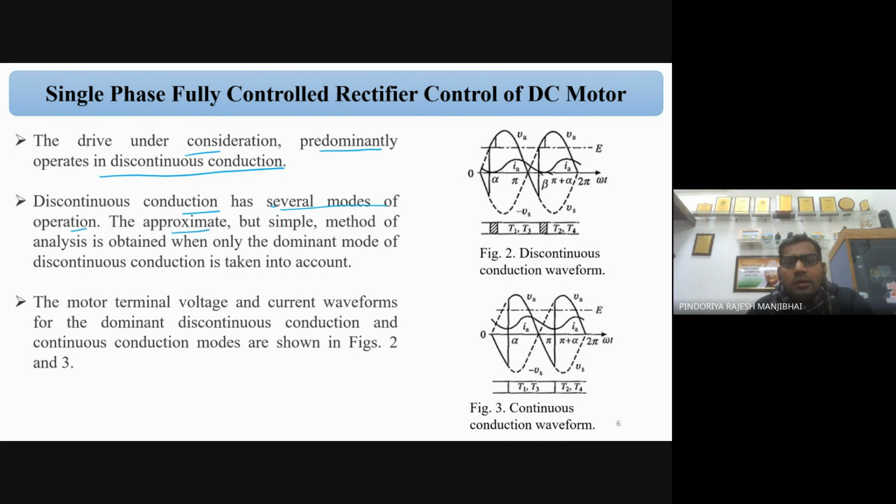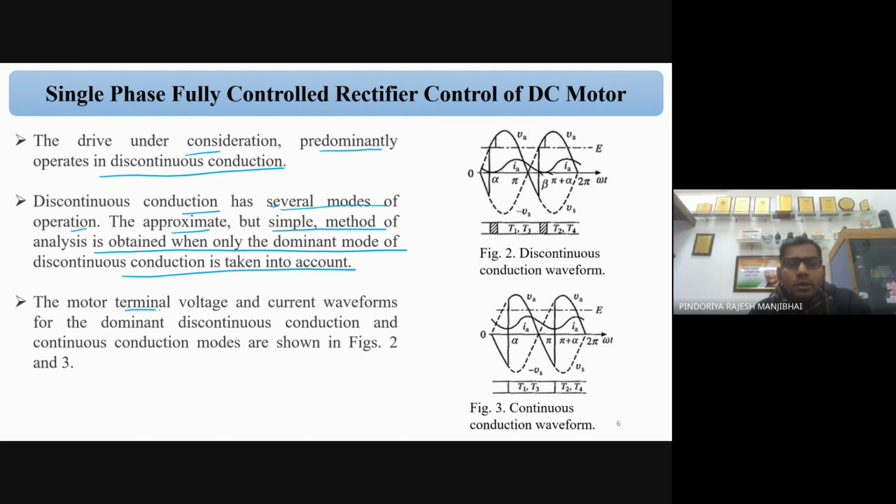The approximate but simple method of analysis is obtained when only the dominant mode of discontinuous conduction is taken into account. So we have to analyze both modes, the continuous conduction mode as well as the discontinuous conduction mode, and see what the output voltage is in both cases.